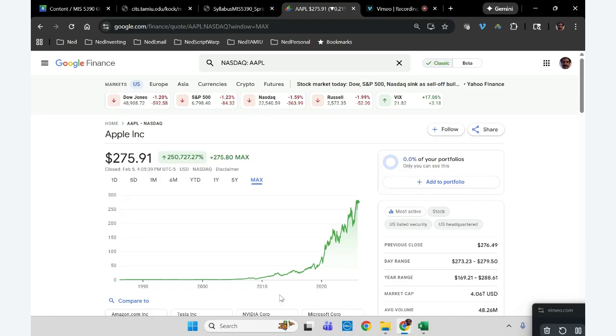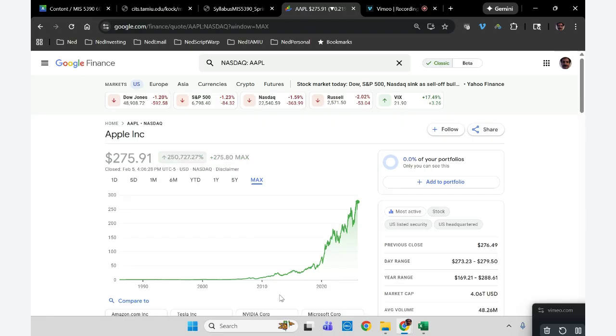So this is a visual distortion that sometimes surprises people and makes them make incorrect assumptions, and it's related to data visualization, which is a topic related to data analytics. So it's related to this class.